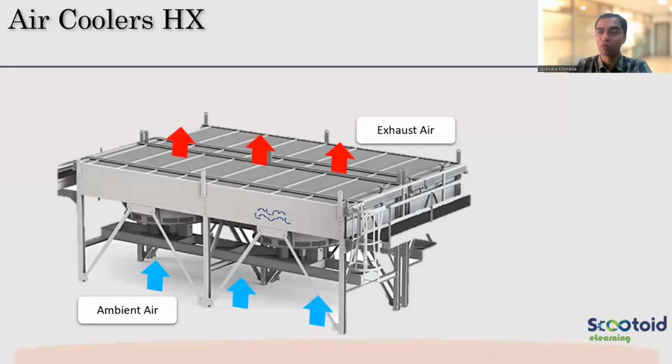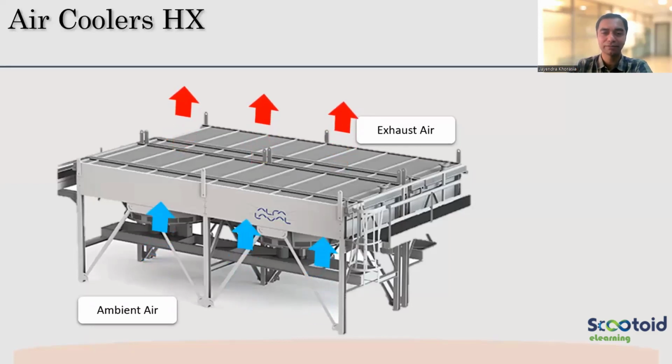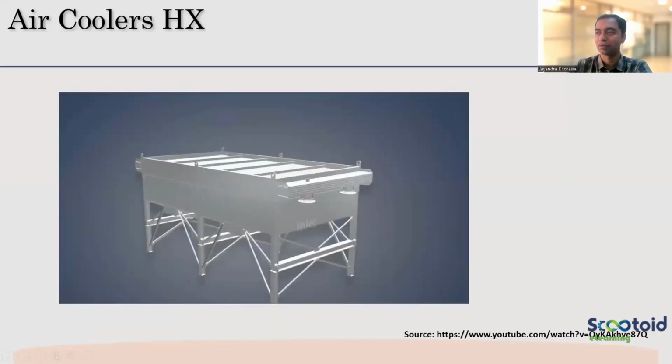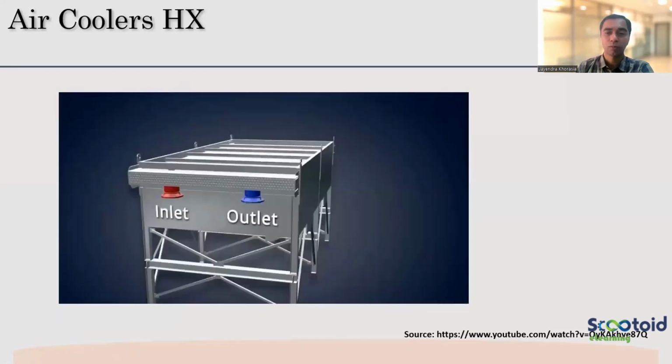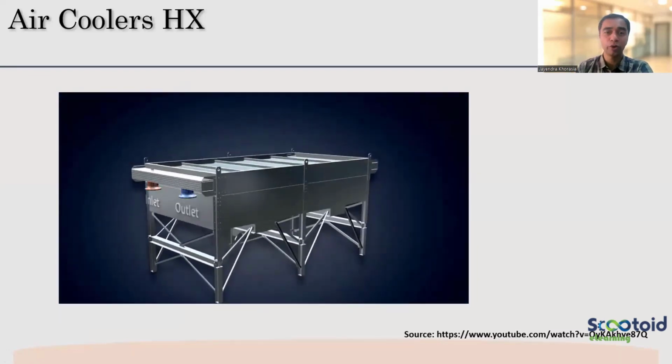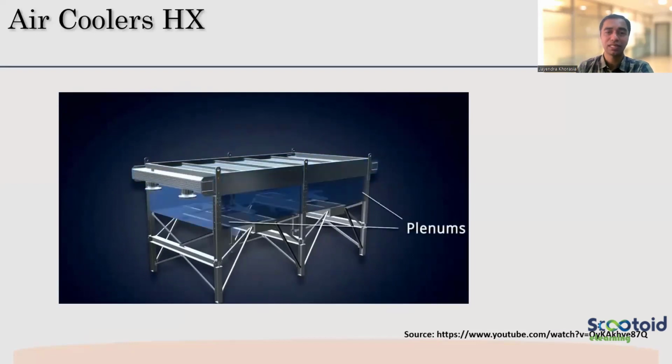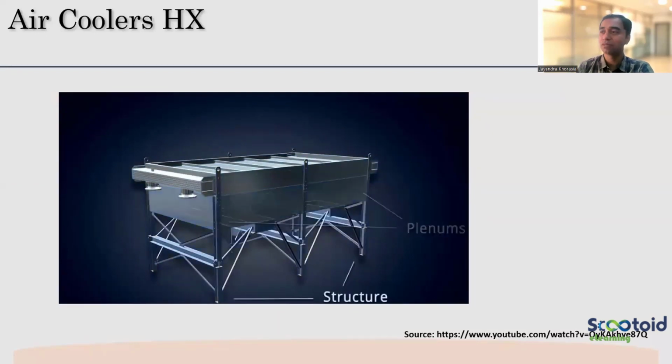This is how the flow will happen. We also got a video on this. We'll see the video as well, where the fluid will move, it will get clear. Just look at the video. There is an inlet and outlet for the fluid which I want to cool. There will be coil bundles, and there are plenums. So these are the main structure.